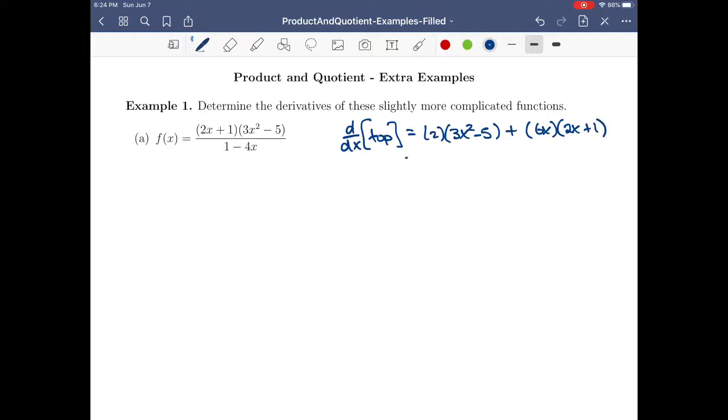If I simplify this, it's going to be 6x squared minus 10 plus 12x squared plus 6x. If I put the x squareds together, it's 18x squared plus 6x minus 10. So that's the derivative of the top.